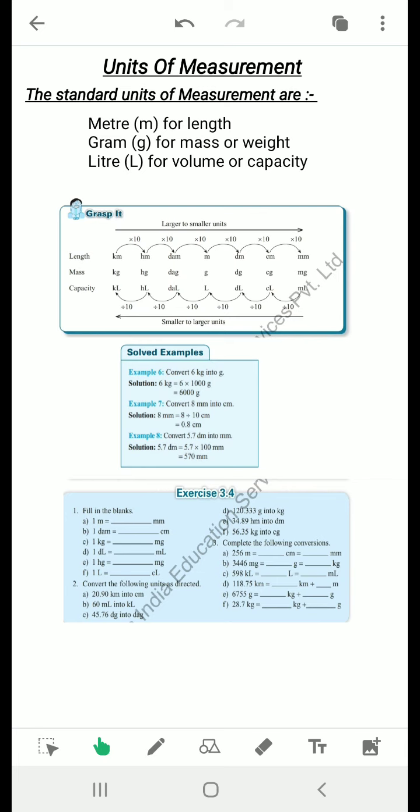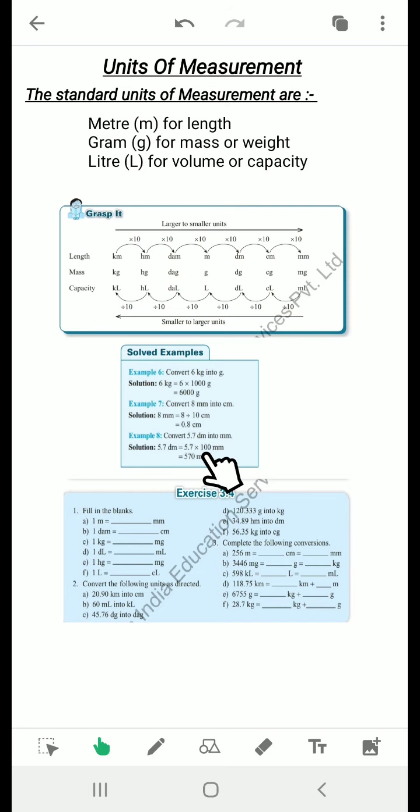so multiply by 100. So 5.7 multiplied by 100. We will shift the point two places to the right side. If we multiply any decimal number by 10, 100, 1000, 10,000, then we just shift the point to the right according to the number of zeros.